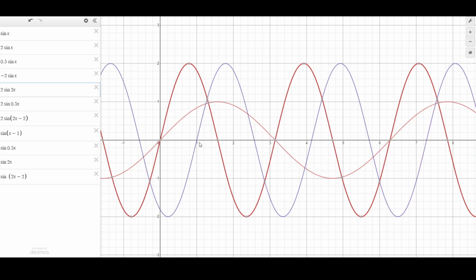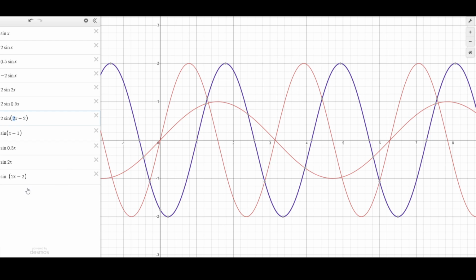As you can see, instead of moving 2 units to the right, it only moved 1 unit, because in order to calculate the phase shift, if you have a b that is not 1, you have to divide 2 by b. You will see this in later examples as well. This is actually b multiplied by x minus c. So for c, in order to get the phase shift, you need to divide 2 by whatever is in here.